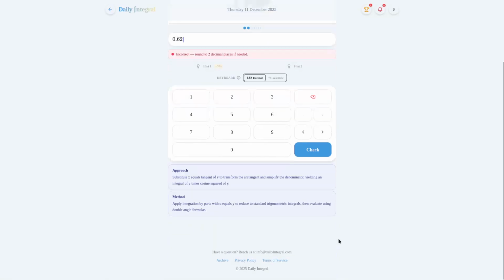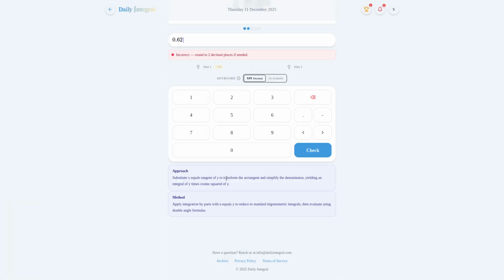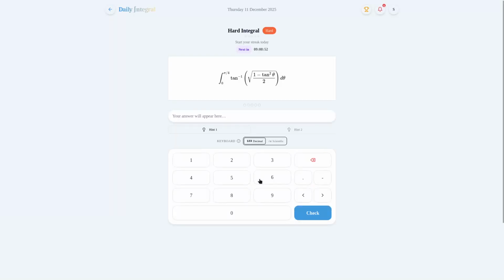What do they recommend? Apply integration by parts with U. They use the substitution, yeah, they do x equals tan U, or they use y or whatever. But okay, I'll come back to this one because I'm a bit confused.